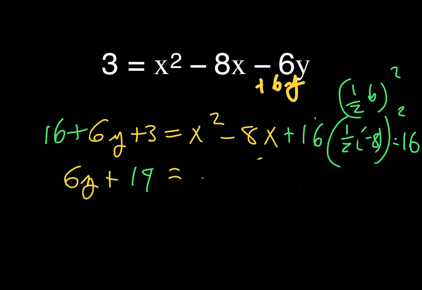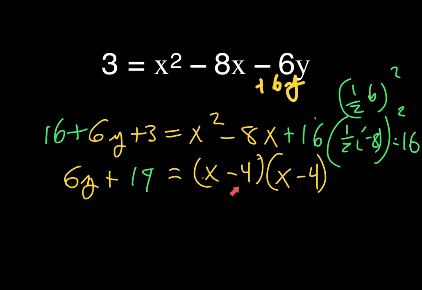On the right-hand side, now I'm going to look to find out, is there a way that I can factor this such that I have two numbers that multiply to positive 16 that add to negative 8? Negative 4, negative 4.